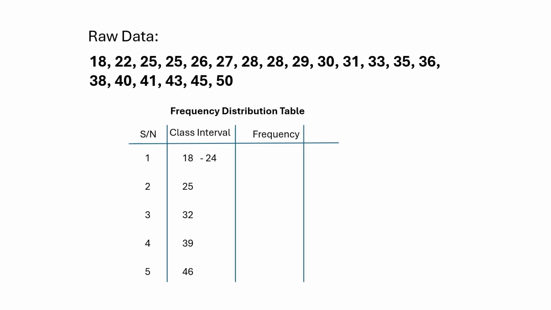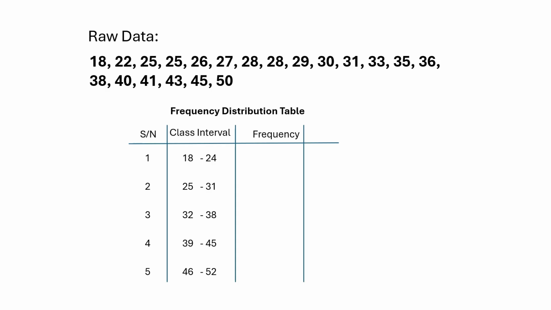And that becomes the upper limit for the first class. I'll repeat this for each lower class limit. 25 plus 6, 31. And for the next class, 32 plus 6 equals 38. For the next class, 39 plus 6 equals 45. And lastly, 46 plus 6 equals 52.